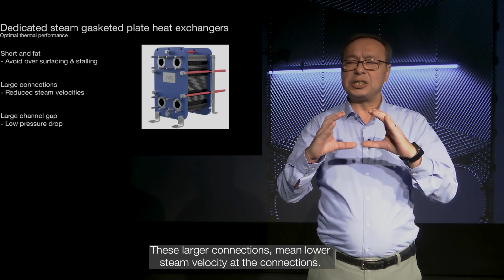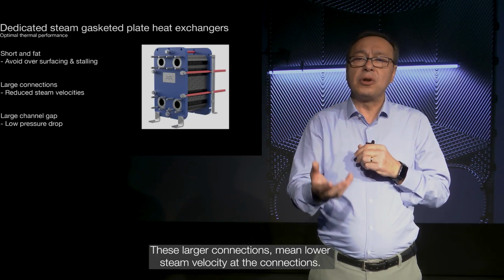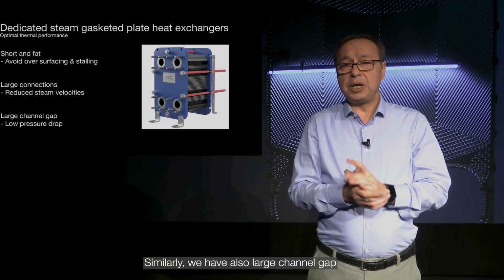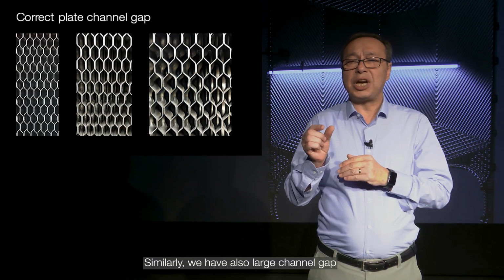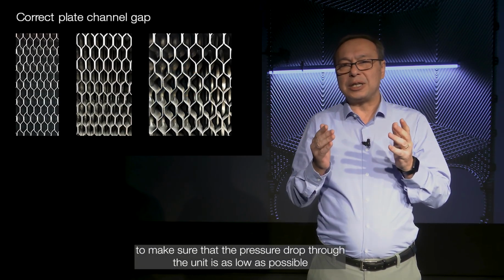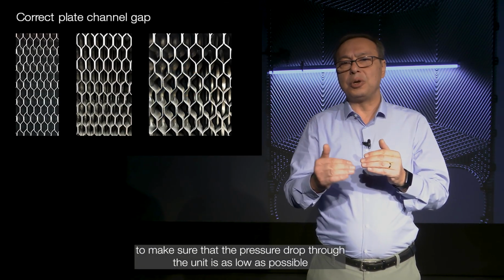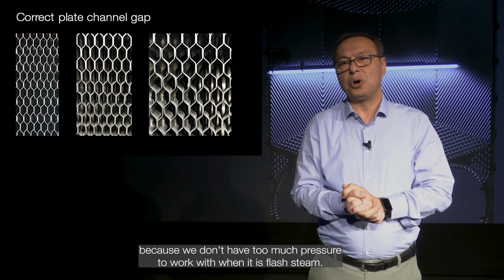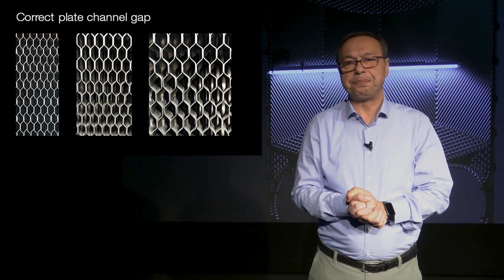And these larger connections mean lower steam velocity at the connections. And similarly, we have also large channel gap to make sure that the pressure drop through the unit is as low as possible, because we don't have too much pressure to work with when it is flash steam.